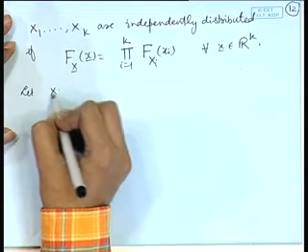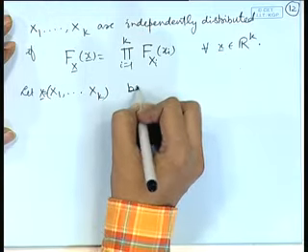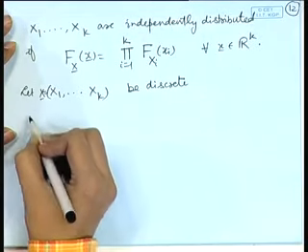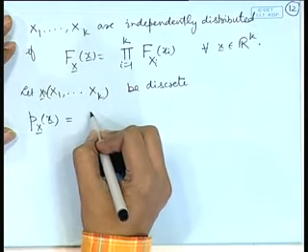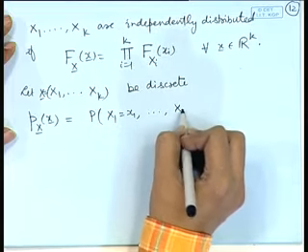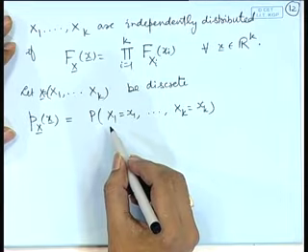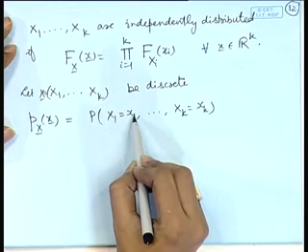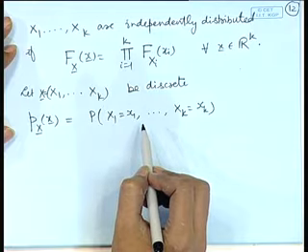Let x1, x2, ..., xk be discrete, that means all of the components are discrete. So, we have a probability mass function, that is probability of x1 equal to x1 and so on, xk equal to xk. It will satisfy the usual properties, that is it should be a non-negative function, and if we sum over all possibilities of x1, x2, ..., xk, it should add up to 1.